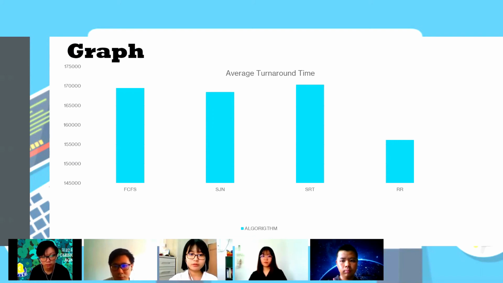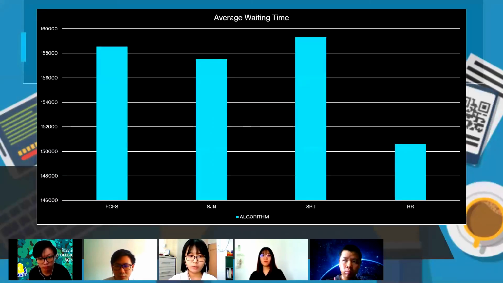Thank you, Mr. Un. Next, the graph shows the average turnaround time. The SRT has the largest turnaround time, then first come first serve, shortest job next, and the smallest is round robin. For average waiting time, SRT also has the largest waiting time.